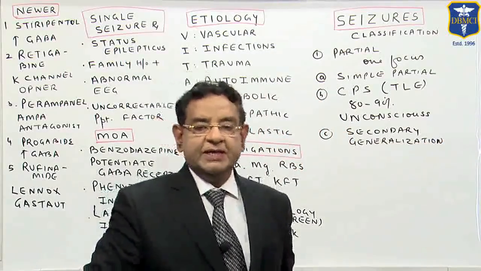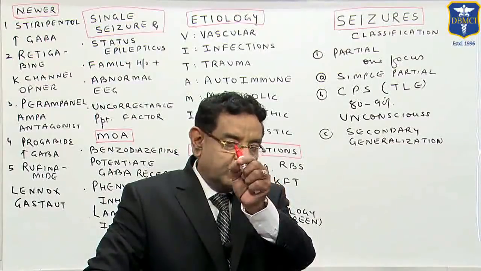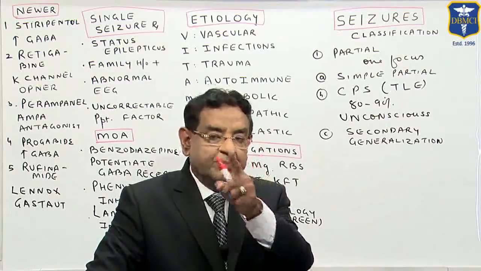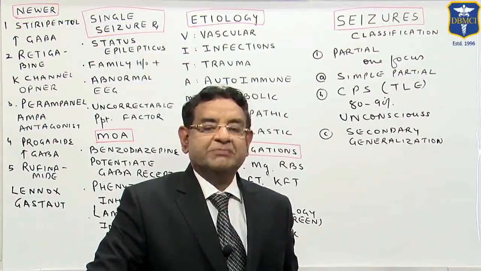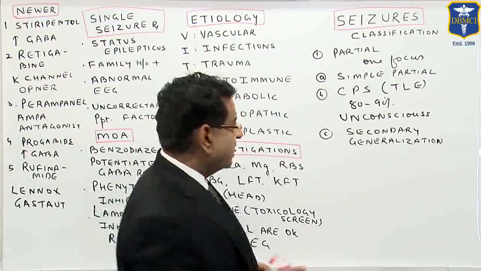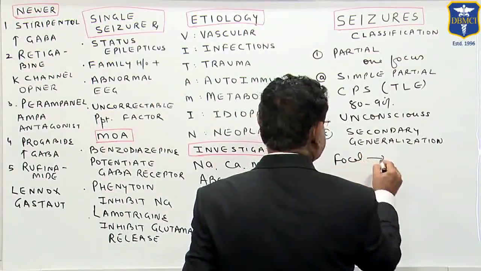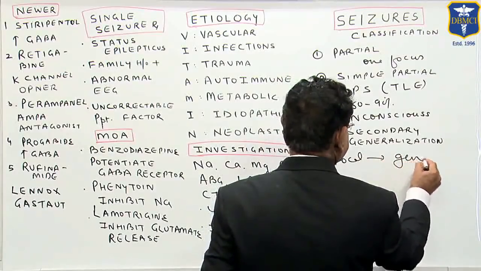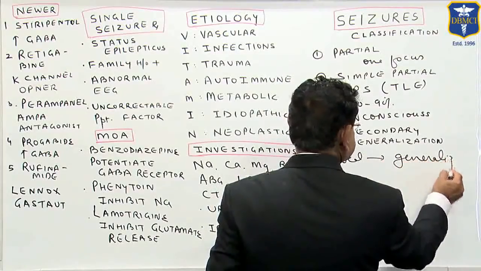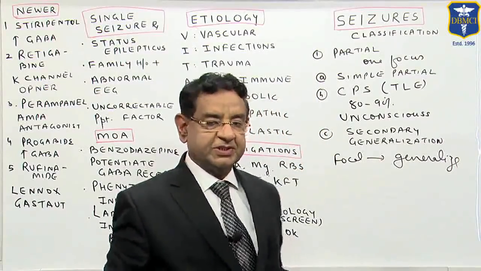The patient has abnormal electrical activity confined to one portion to begin with, but later on it spreads to the entire brain. The patient starts with a partial or focal seizure, and ultimately it becomes a generalized seizure. So we call it secondary generalization.